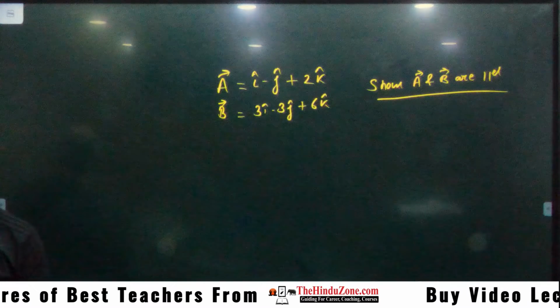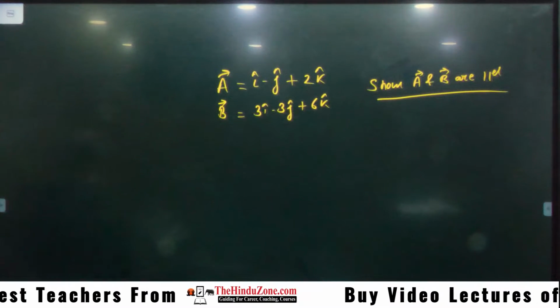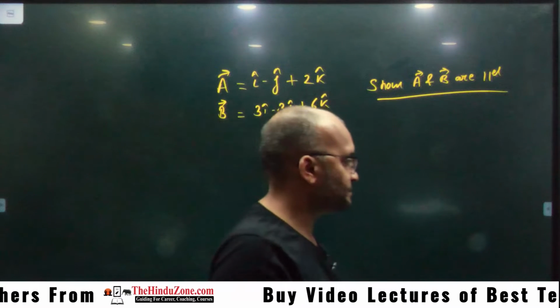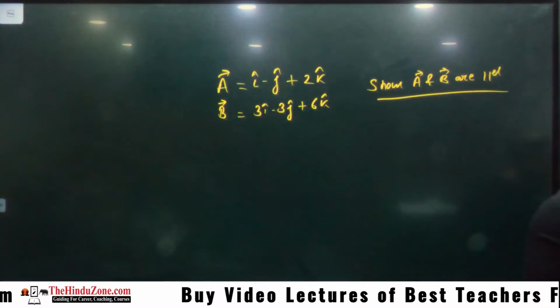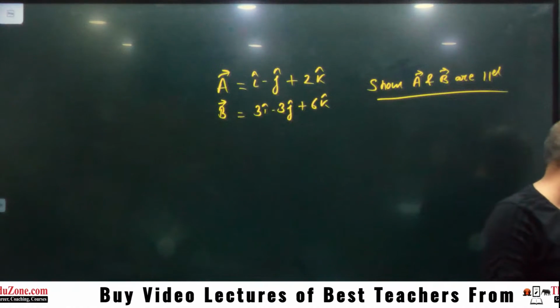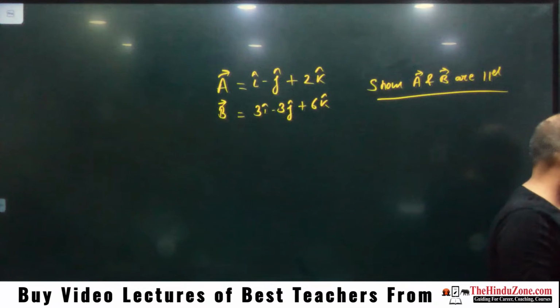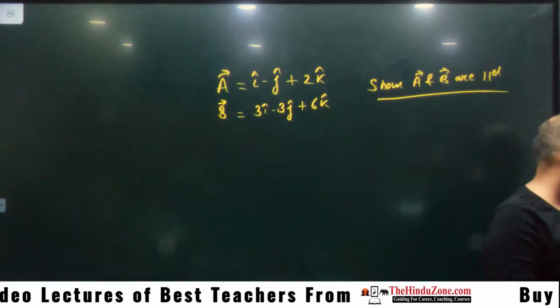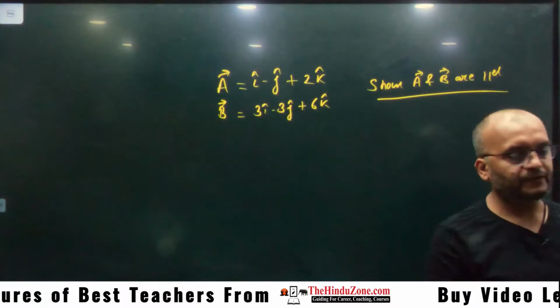So if the cross product is 0, what will happen? Well done. How? What did you do? That their cross product is coming to be 0. Very good.